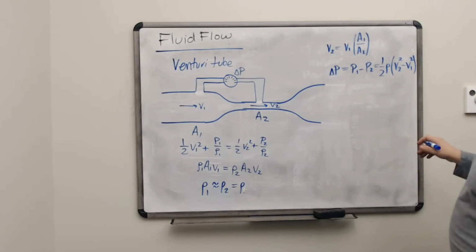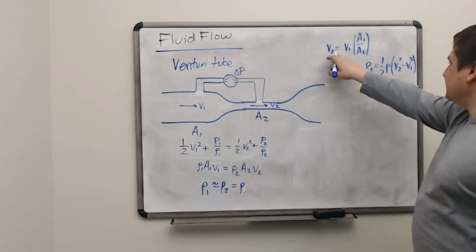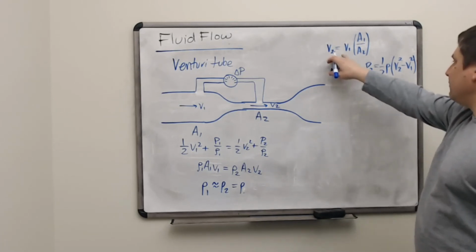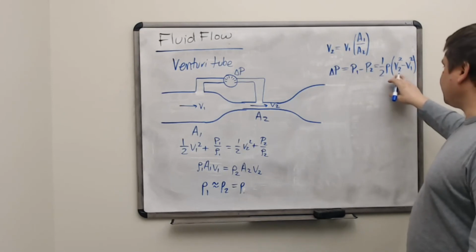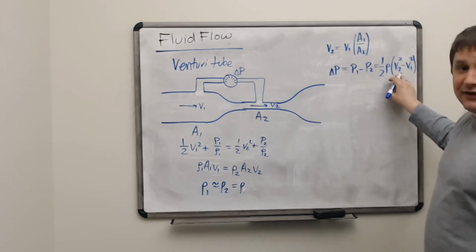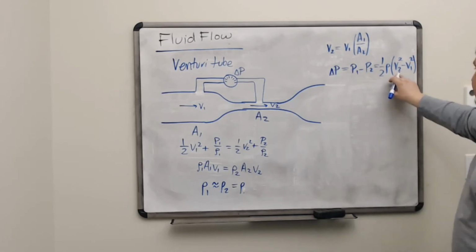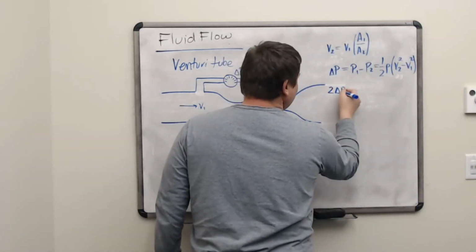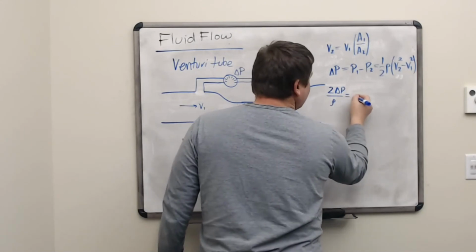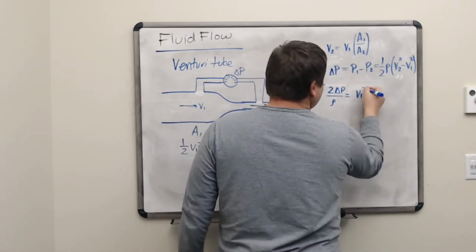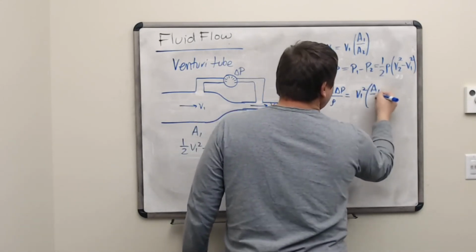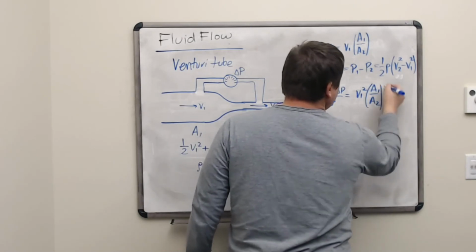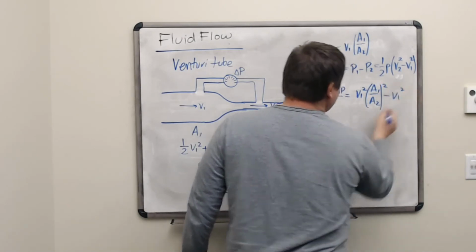Okay, so our step now is to substitute for the variable V2 in the equation for delta P so that we remain only with V1 in the equation. So we'll have 2 delta P over rho equals V1 squared times the area ratio squared minus V1 squared.